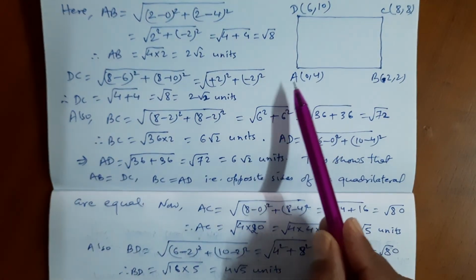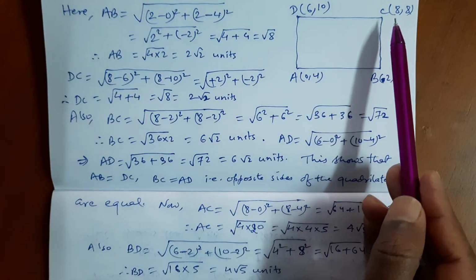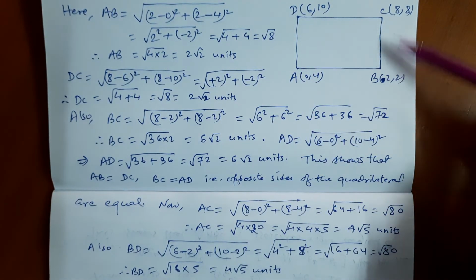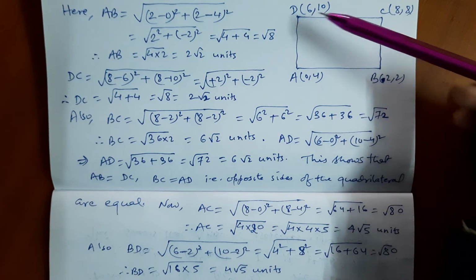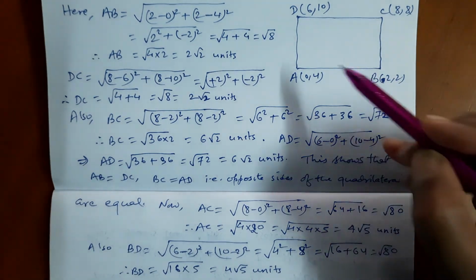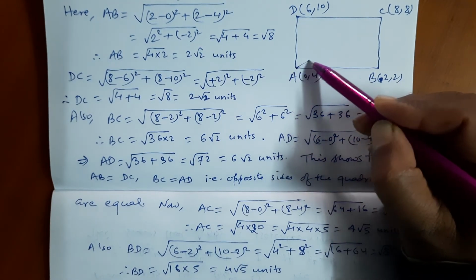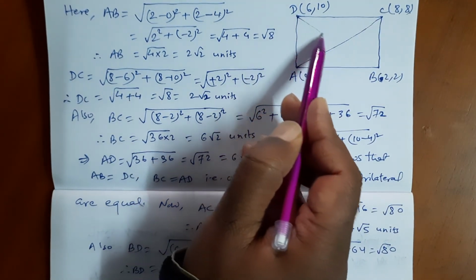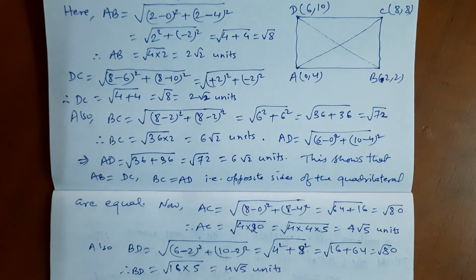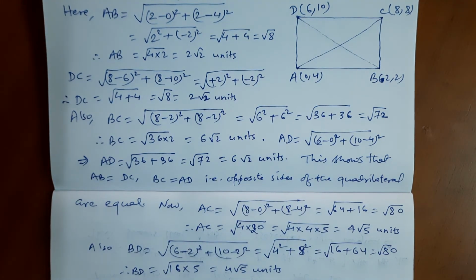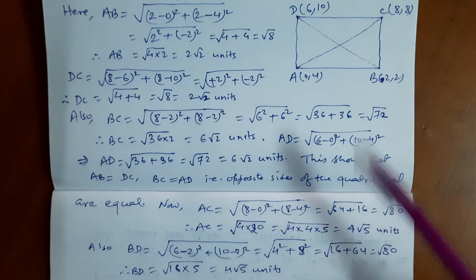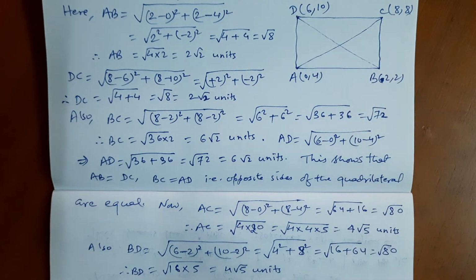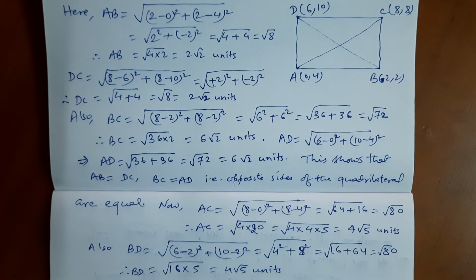we have shown AB equals DC, opposite sides equal, and BC equals AD, opposite sides equal, and we have also shown that diagonal AC equals BD. So a parallelogram having equal diagonals is known as a rectangle.